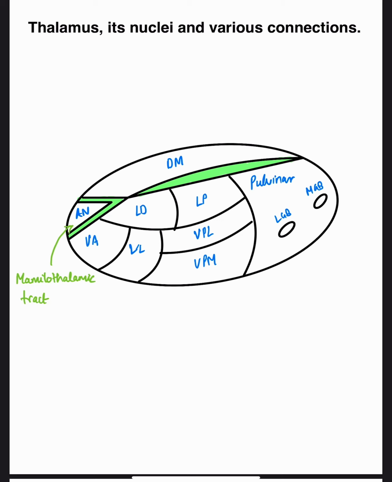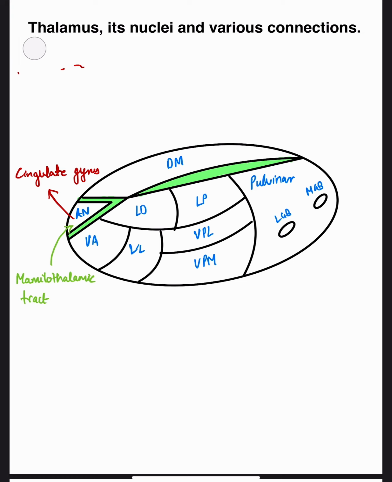And the efferent impulses I represented by the red line; the impulses from the anterior nucleus go to the cingulate gyrus. And the anterior nucleus is part of the Papez circuit, which has the function of recent memory formation.